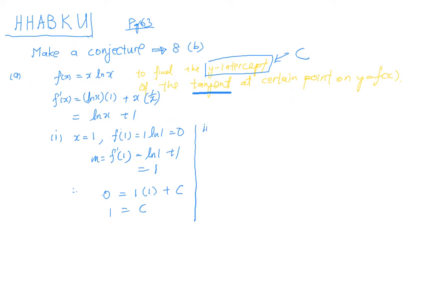Then you continue with part 2, x equal to 2. So you look for f(2), which is 2 ln 2, and f prime 2, which is the gradient, ln 2 plus 1.